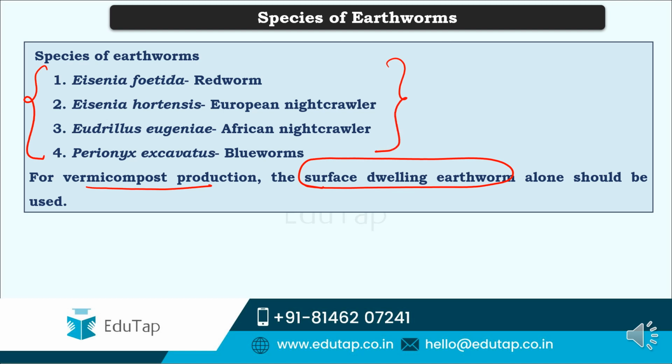One is Eisenia foetida, commonly called redworm. The other is Eisenia hortensis, commonly called European nightcrawler, the third is Eudrilus eugeniae, called African nightcrawler, and Perionyx excavatus, commonly called blue worms. These are the most commonly used earthworms in vermicompost production.